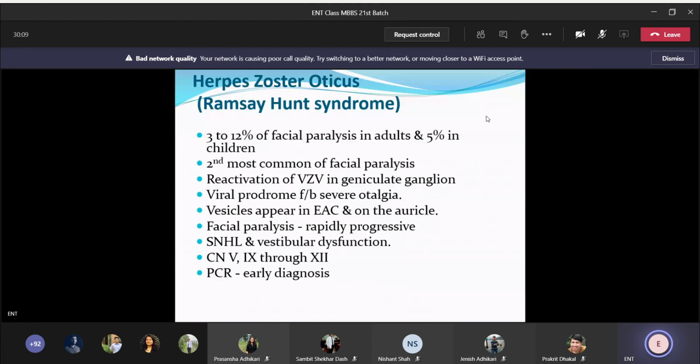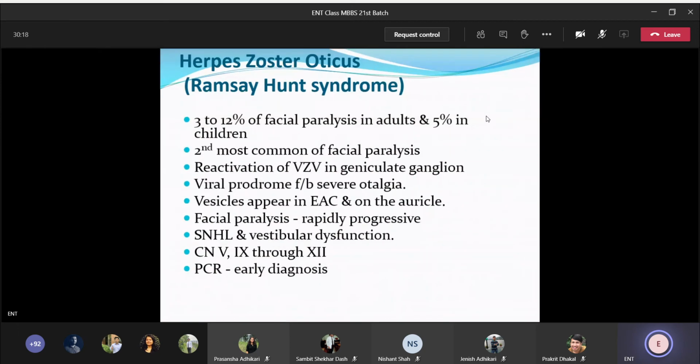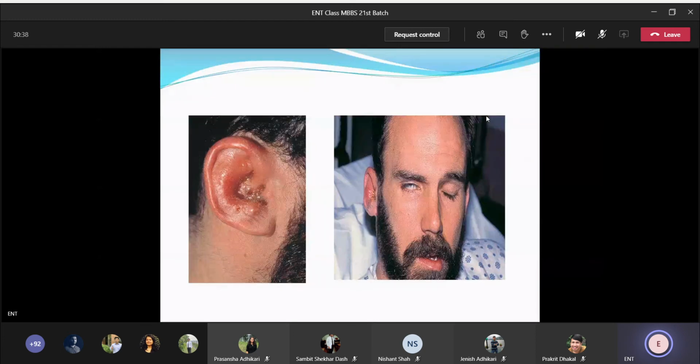Facial paralysis appears late but is rapidly progressive. There will be sensorineural hearing loss or vestibular dysfunction. Sometimes the patient may complain of difficulty in balance. Cranial nerves 5 (trigeminal), 9 (glossopharyngeal), or 12 may be involved, and PCR is the early diagnosis. So this is the picture of Herpes Zoster oticus, Ramsay-Hunt syndrome.